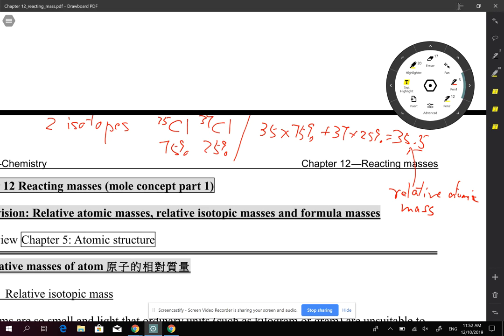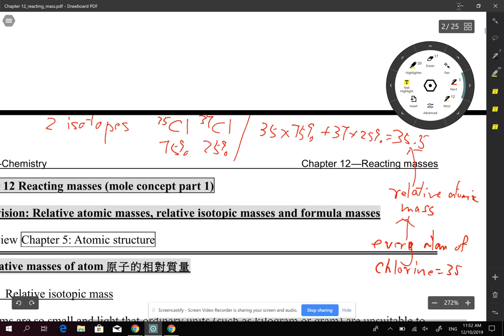So we assume every atom of chlorine has a mass of 35.5. Okay, then we are not going to separate the two chlorine because their masses are not the same.